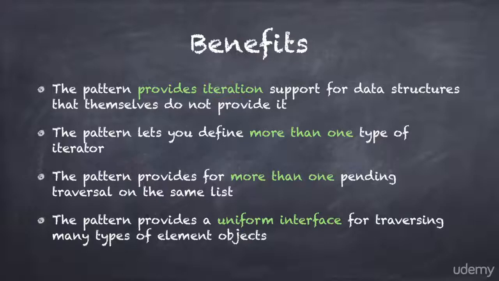This allows you to use the iterator pattern in scenarios where multiple threads need to access elements in the same shared collection. And finally, the pattern provides a uniform interface for traversing many types of element objects. This saves you from having to build distinct iterators for every possible data type.